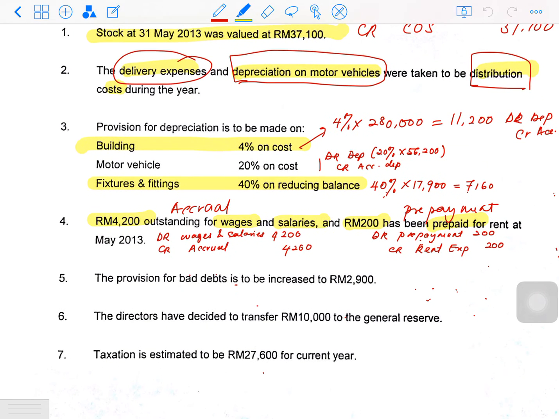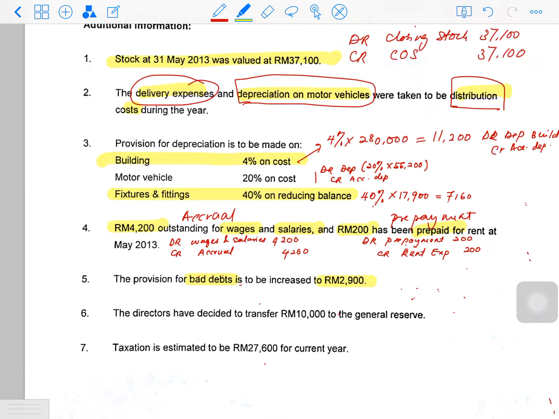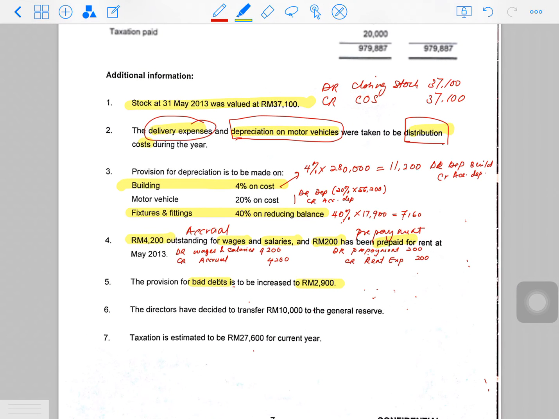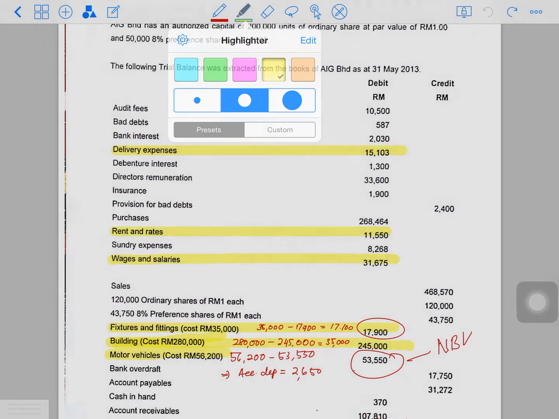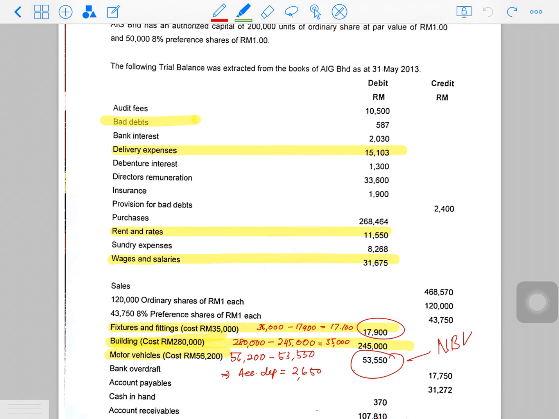Additional information number 5 is with regard to bad debts. Bad debts here are to be increased to 2,900. So you have to look at bad debts in your trial balance. You have provision for doubtful debt or bad debts. Bad debts here is 587.